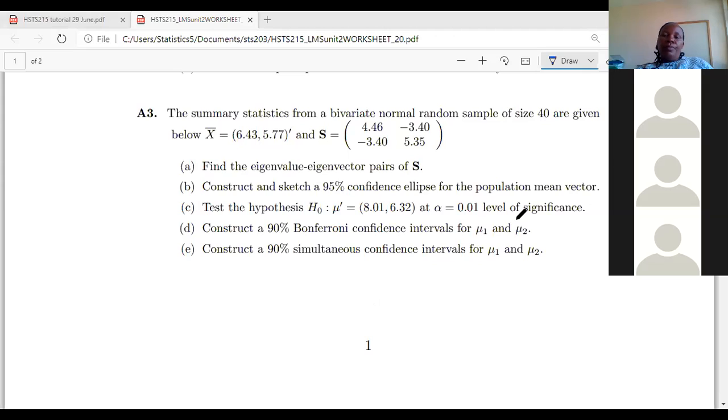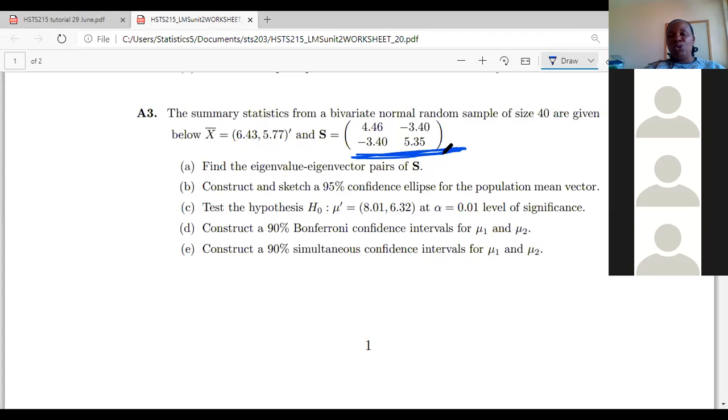Right, so I'll mute you all for now so that we don't get more disturbances. So the first thing is to find the eigenvalue, eigenvector pairs of S, right? If you look at this matrix, it's a 2 by 2 matrix. Finding the eigenvalue, eigenvector pairs of S should not be a problem.